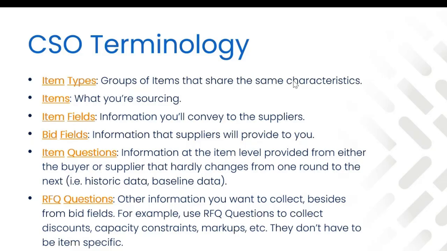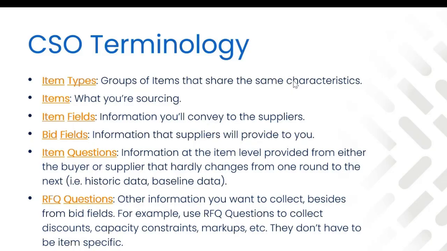We have something called item questions, which is information at the item level and supplier level, provided either by the supplier or by the buyer, the owner, or event manager of the event. In these item questions, we have history data, baseline data, or any information, for example, that we get from the questionnaires and we want to use in analysis.